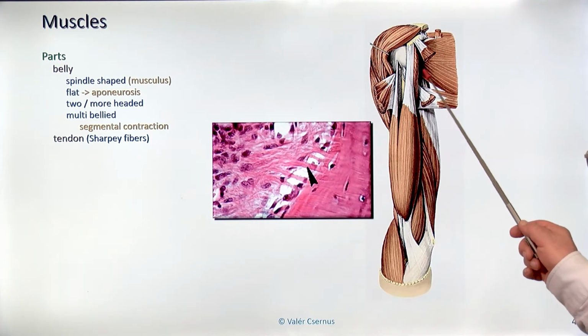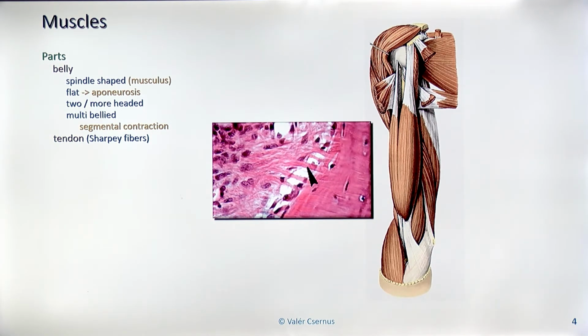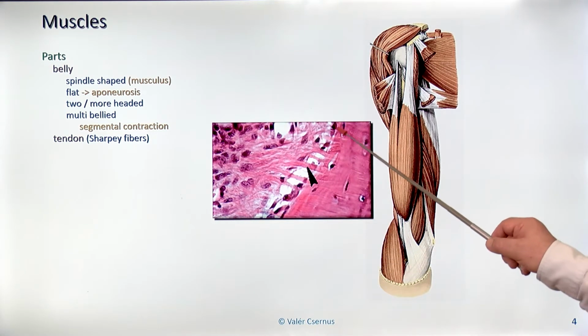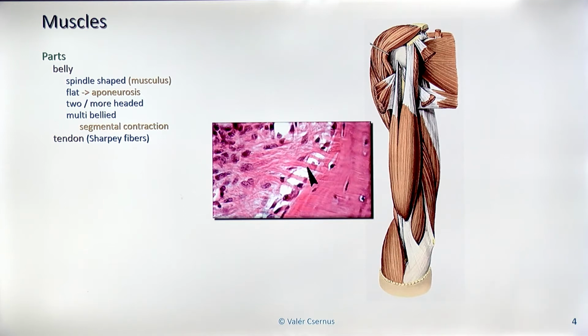Whenever we overstretch a tendon or a ligament, usually either the ligament or tendon breaks in the middle or breaks a piece out of the bone, but virtually never separates the bone from the ligament or the tendon.